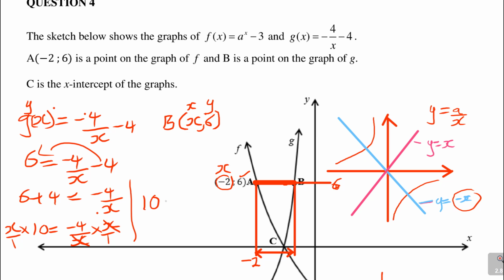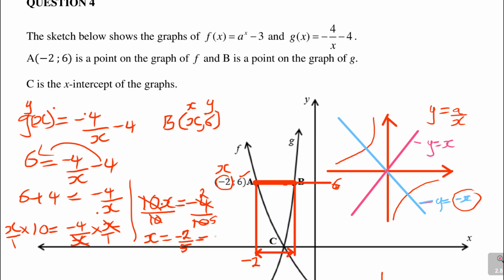You have got 10x is equal to minus 4. Then how do you do it? 10x, 10 times x, divide. Remember, 10 is multiplying, so the only thing you can do is divide both sides by 10. So what is x? x is equal to, if you simplify 2 there, it's 2. 2 there, it's 5. Is equal to minus 2 over 5.